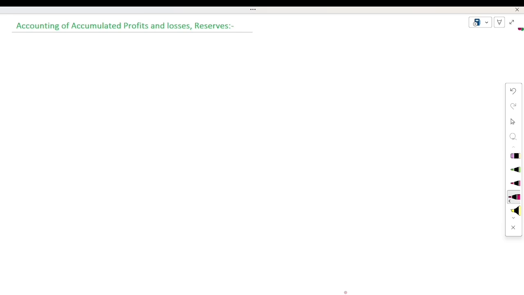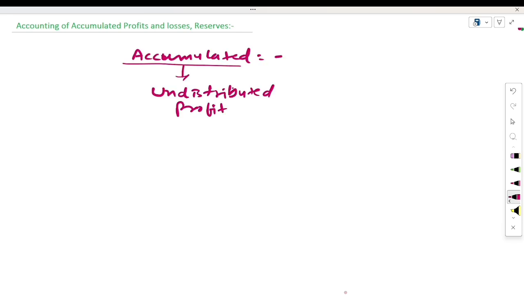First of all, you have to understand the concept of accumulated profit. Accumulated profit means undistributed profit or losses of the previous year. It means before the change in profit sharing ratio, whatever profits you had earned are known as accumulated profit, meaning undistributed profit.